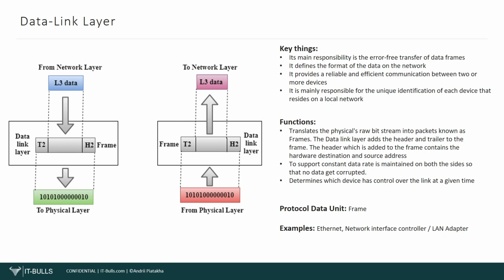It is the technique through which the constant data rate is maintained on both sides, so that no data gets corrupted. It ensures that the transmitting station, such as a server with higher processing speed, doesn't exceed the receiving station with lower processing speed. When two or more devices are connected to the same communication channel, then the data link layer protocols are used to determine which device has control over the link at a given time.